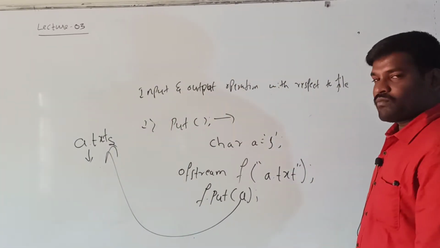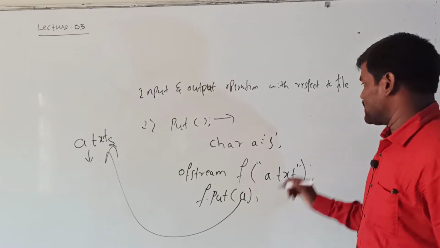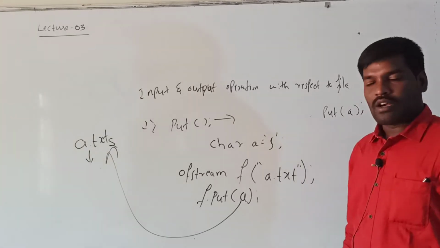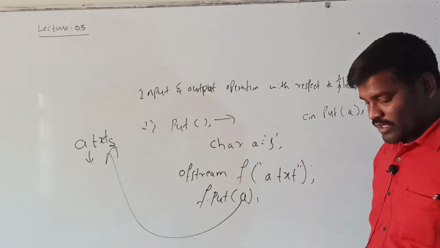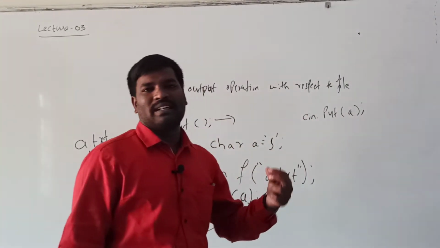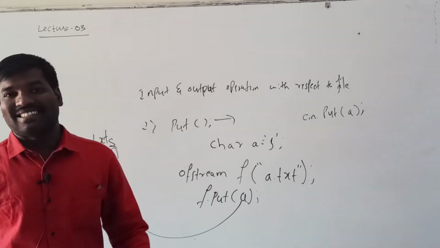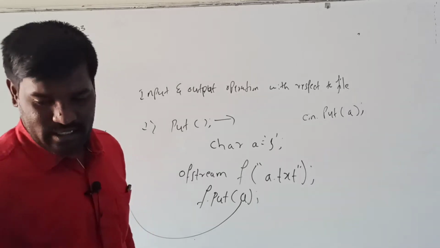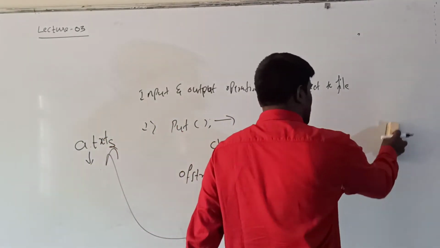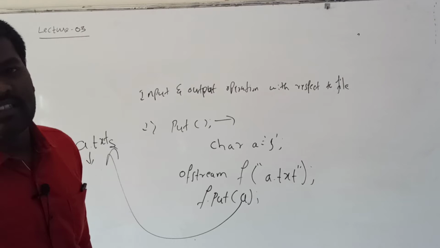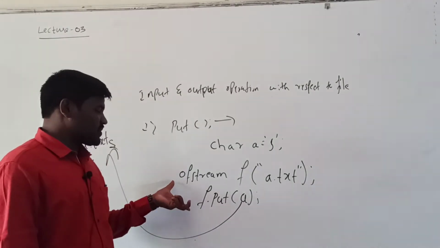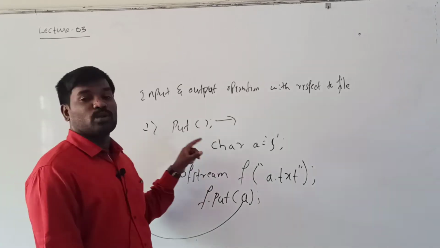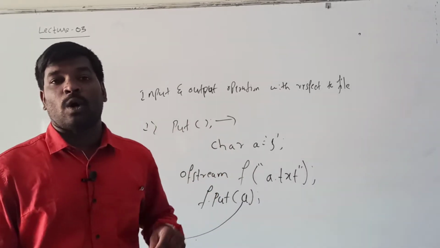Suppose you are not using any file, then cout dot put of a is used to print the character on the monitor. In data file handling, everything is with respect to the file stream. We use the ofstream class because put is an output function.